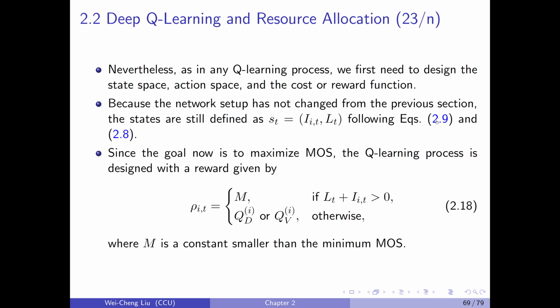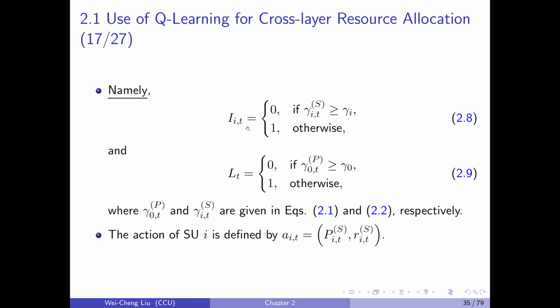Let us go back to equations 2.9 and 2.8. We can see that I_t is equal to 0 or 1, and L_t is also equal to 0 or 1. So when I_t plus L_t is greater than 0, it means that at least one of them is equal to 1. What does it mean for it to be 1?